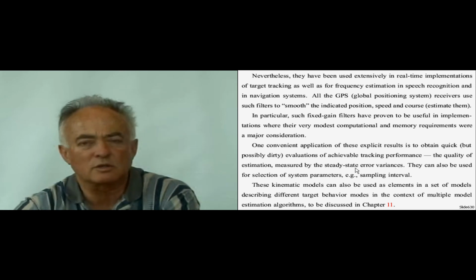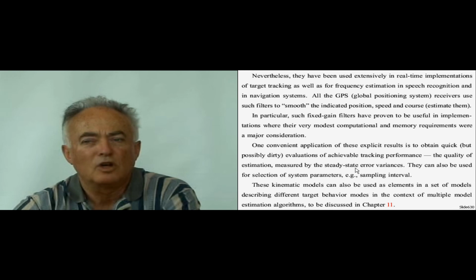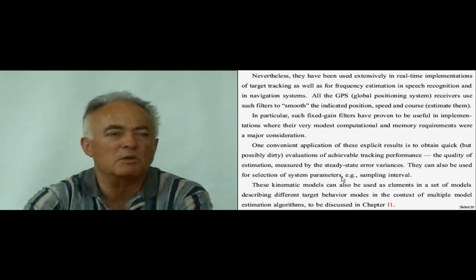If you know your sensor accuracy and you know the possible accelerations in the motion of an object, you can quickly evaluate maneuvering index, use those expressions or the curves, and look at the achievable accuracy. They can be also used for other system parameter selection or design of system, namely the sampling interval.